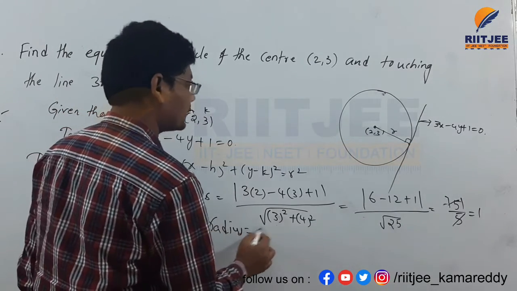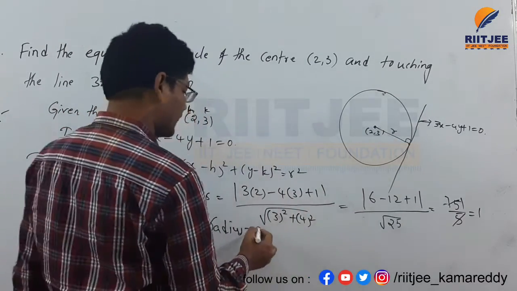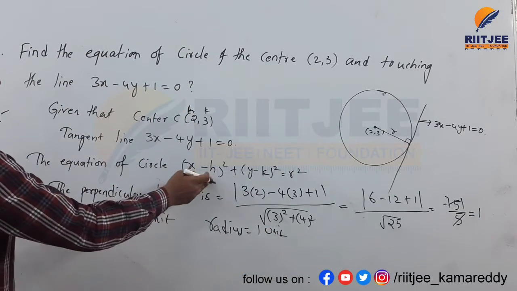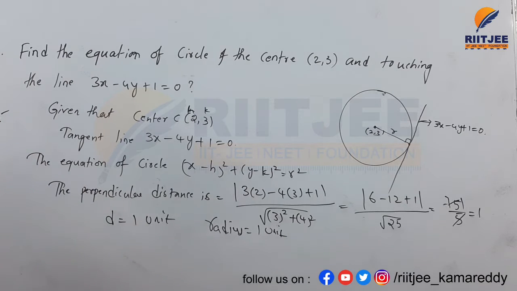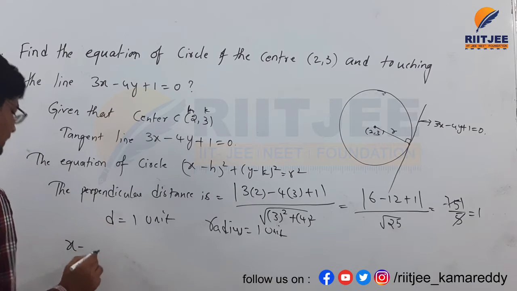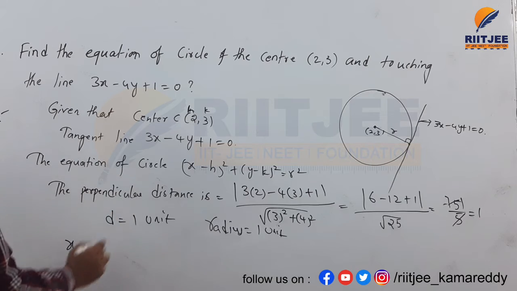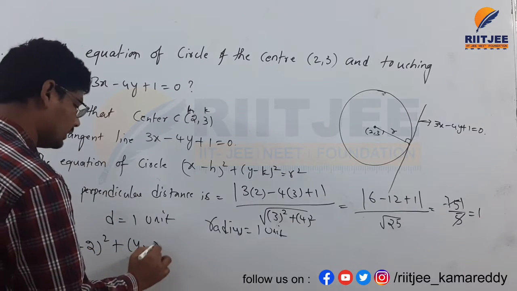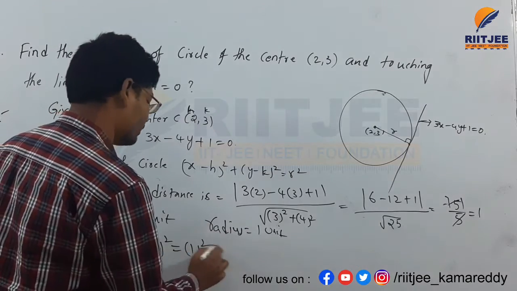This is the radius, so radius is equal to 1 unit. Let's substitute the values of h, k and r in the expression: x minus 2 whole square plus y minus 3 whole square is equal to 1 square.